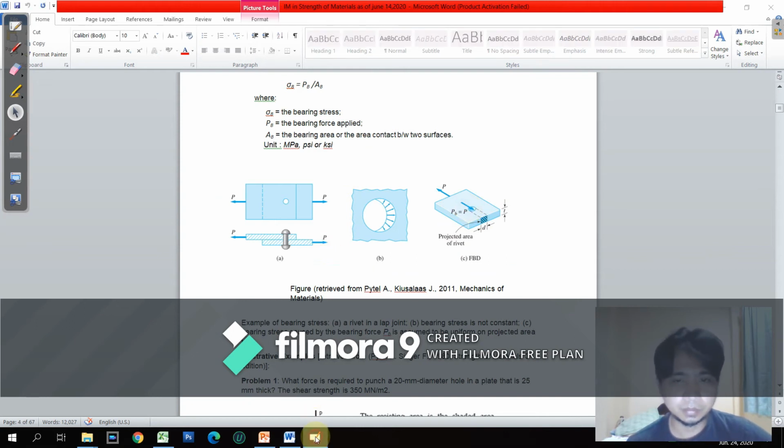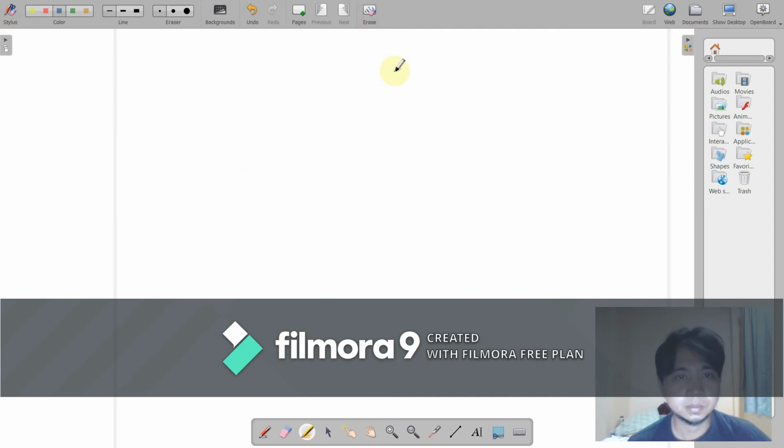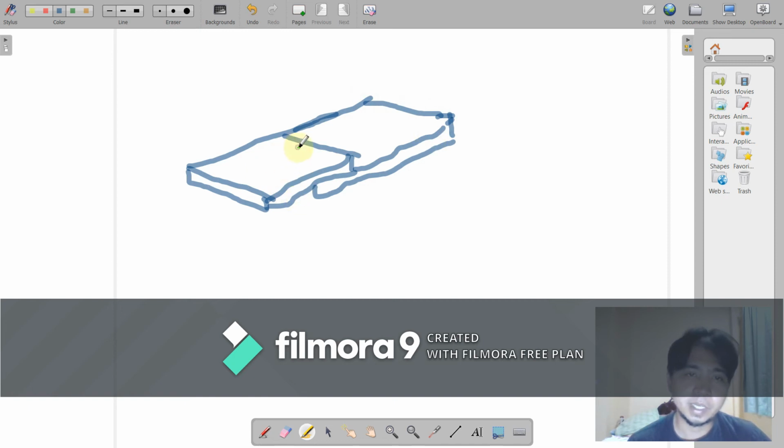So to illustrate that, may I just delete this one. If we have the plate, say this is the plate, connected by, say we are going to connect another plate here, by a bolt.